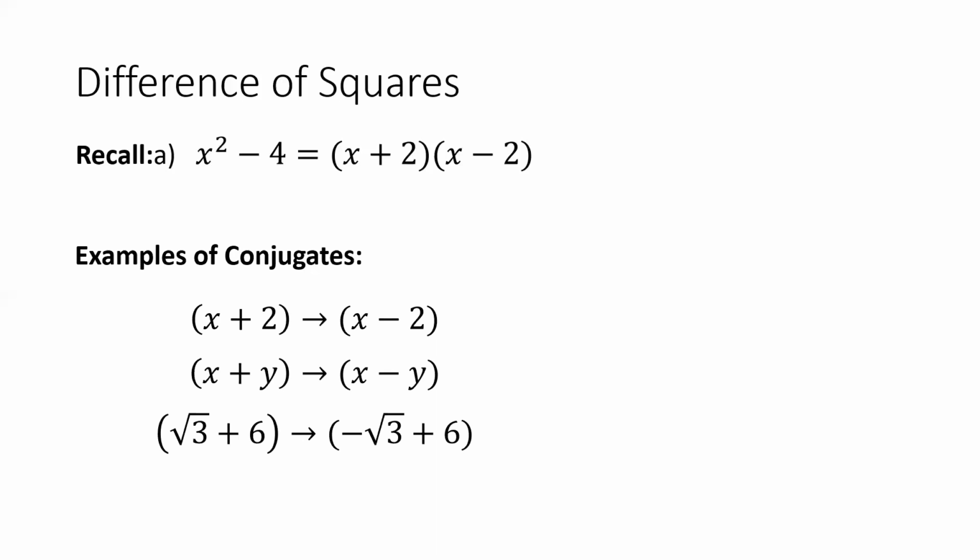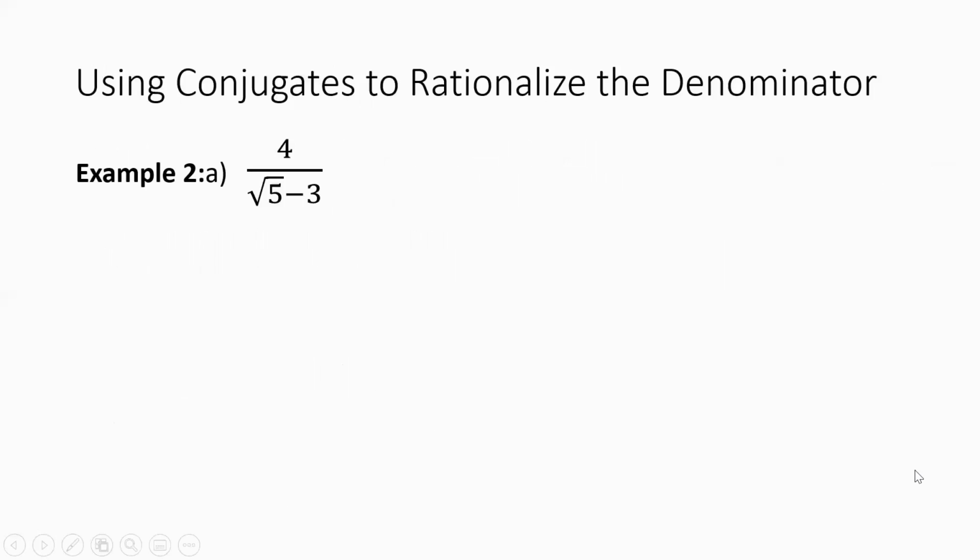So here I have root 3 plus 6. I'm going to flip the sign in front of my root 3 and get negative root 3 plus 6. So that's what we deal with when we're dealing with conjugates of roots. Instead of just what's in the middle, we take the sign of whatever's in front of the root and flip it. Okay, so now we're going to use conjugates to rationalize the denominator.